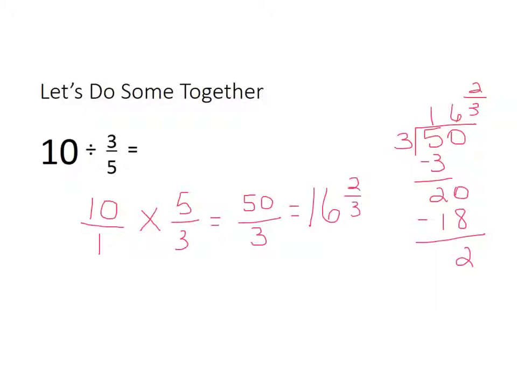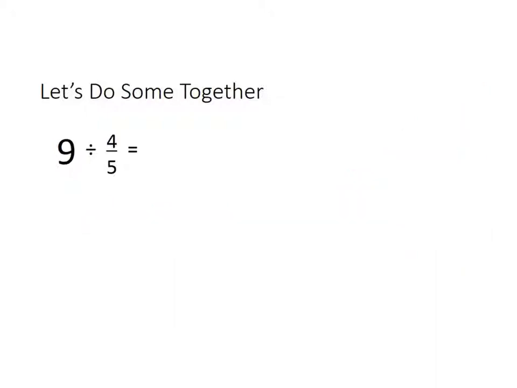Go ahead and write this down before you go on. Let's do another one together. Here we have 9 divided by 4/5. First step, we need to take 9 and turn it into a fraction, 9 over 1. Change the division to a multiplication and write the reciprocal of the second fraction. Then you multiply. 9 times 5 is 45. 1 times 4 is 4.